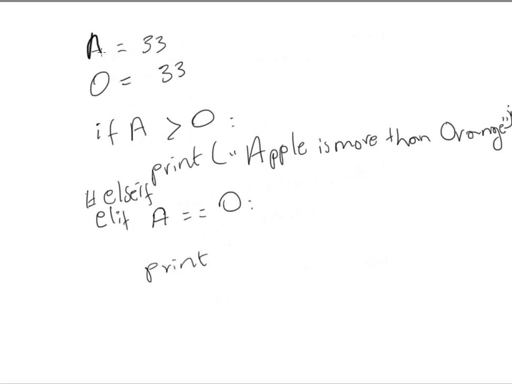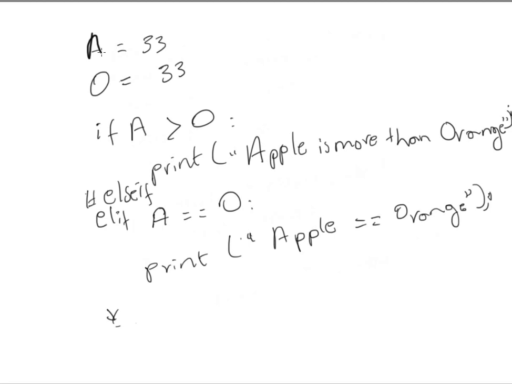So this is the second condition that we're trying to get, and we're going to print apple is equal to orange. I'm going to use the equal sign. That's what we are trying to do. So we have the second condition, and we can have another condition down here, so that it can go on forever.